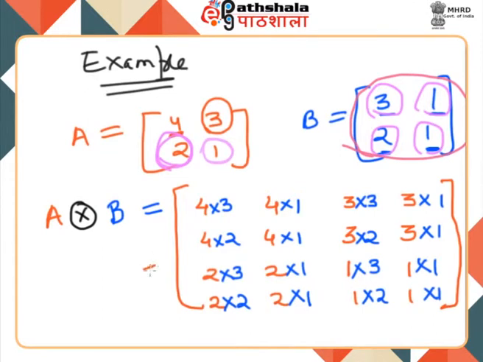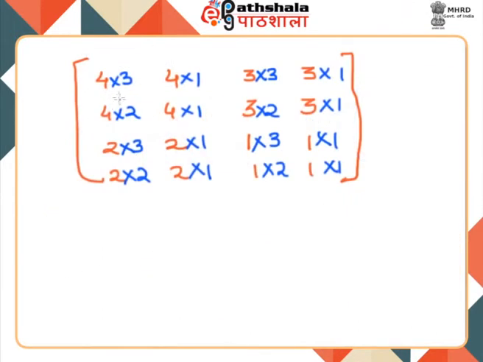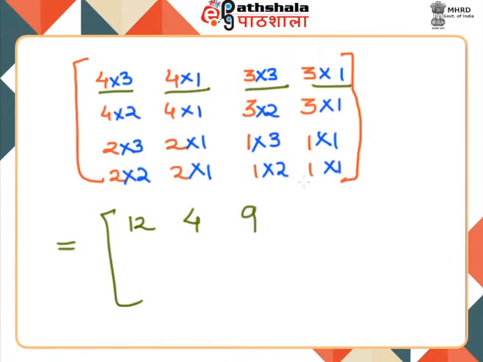That is, you can clearly solve it further. So what we get, you can clearly see, is now 4 into 3, you get 12 here. 4 into 1, you get 4 here. 9 here. 3 in place of this.